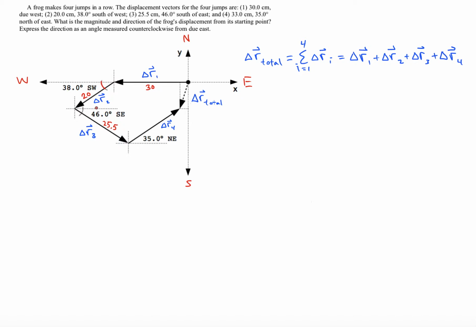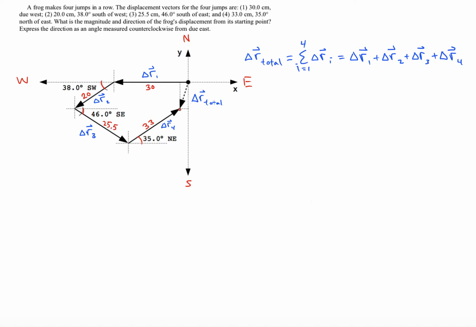So think about going east first, and then rotate 46 degrees south of that. This one says we're going to go 33 centimeters at an angle of 35 degrees north of east. So I started off thinking about the east direction, and then I just rotated the angle 35 degrees from there.